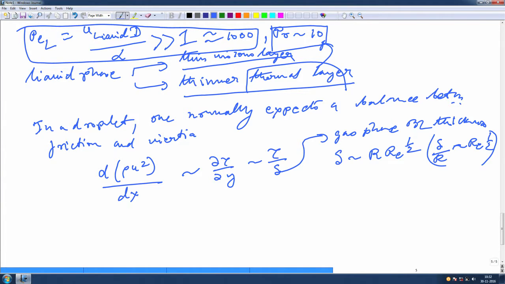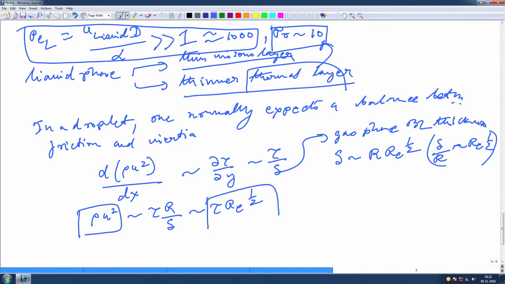So, using that, what you will see here is rho u square scales as tau R by delta, that is tau Reynolds number to the power of half, right. That is what we are going to get. So, basically it is the balance between inertia and friction, right.